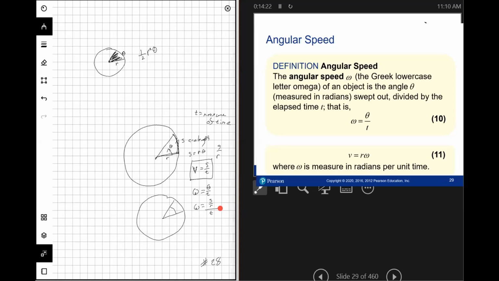If I multiply both sides by the radius, wait a minute, s over t, s is, I'm confusing myself. I always do that with this one. I always end up confusing myself. Okay, I'm going to replace s with r theta. So s equals r theta.